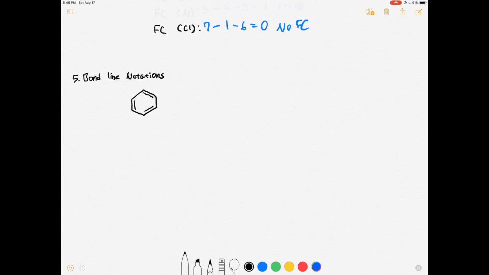Cool. So now do you want to draw a Lewis structure for this one? Lewis structure. And molecular formula for this. Okay, so pause the video, try for yourself.